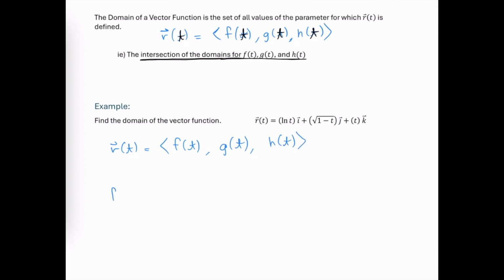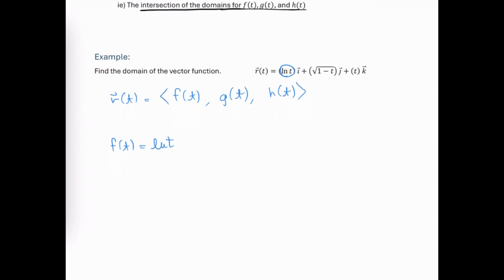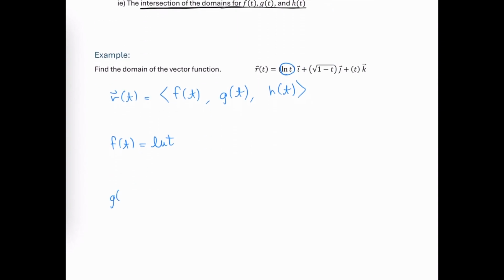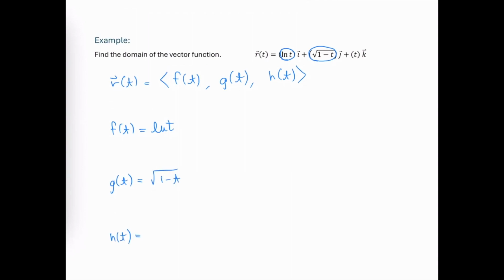In this scenario, f of t is the ln of t. It is the x component of our vector function. The y component, we'll call that g of t as the parametric equation, is the square root of 1 minus t. And the z component of this vector function is just the value t.